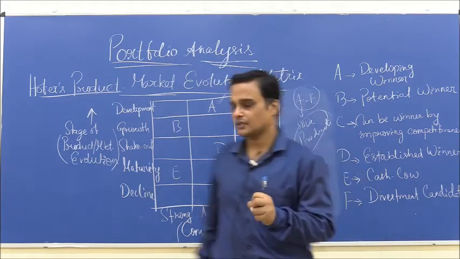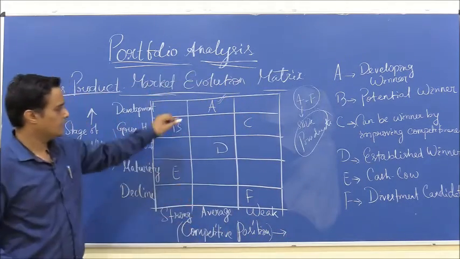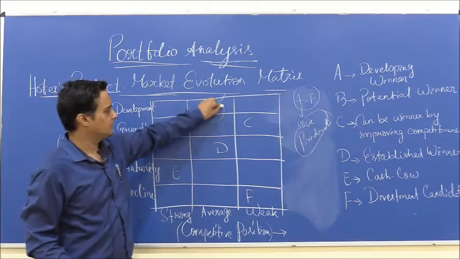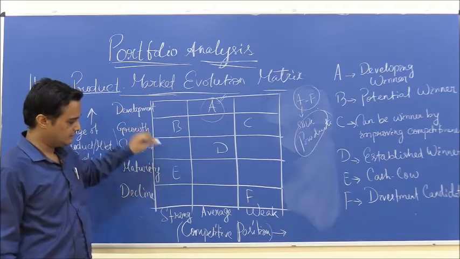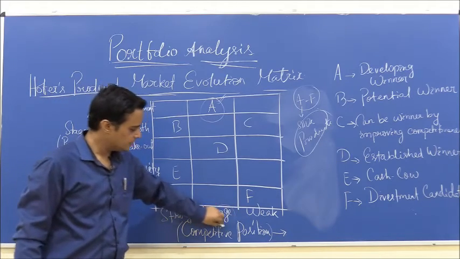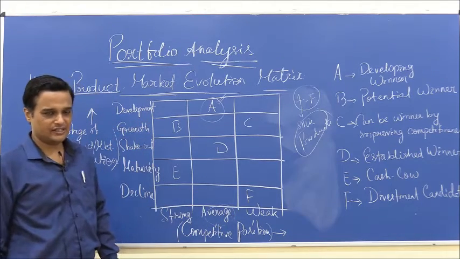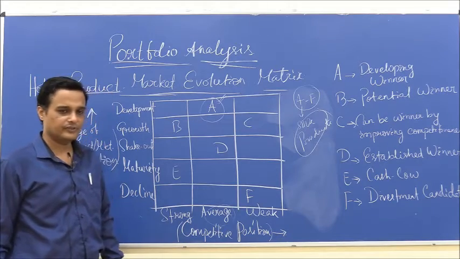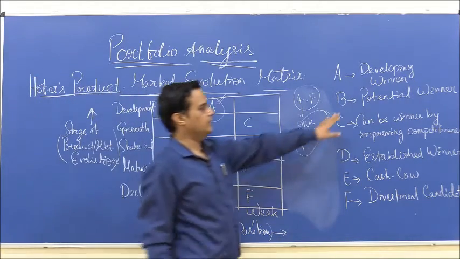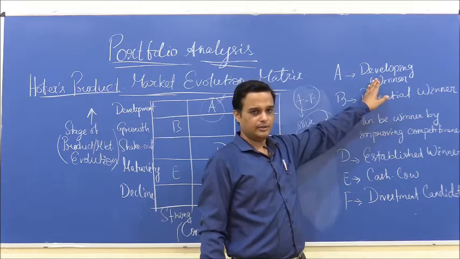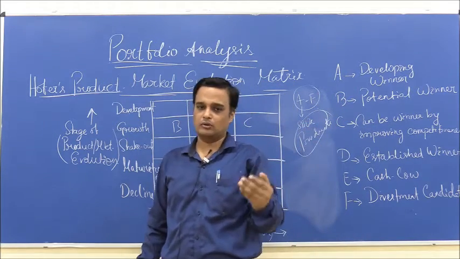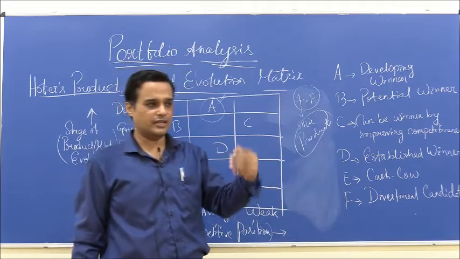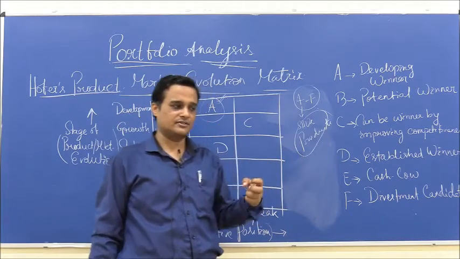So, what do we call A here? If your SBU is in a developing market with an average market share or competitive position, it is a developing unit, because the market is expected to develop further into a growth stage and all other successive stages.